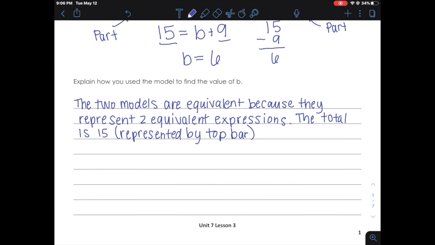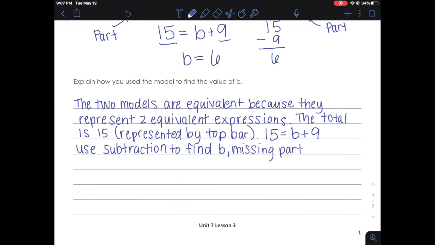That also tells me that since both bars are equivalent, 15 must be made up of the two parts, b and 9. So that's where I got my expression from. Okay, I can use subtraction to find b, our missing part. b equals 6.